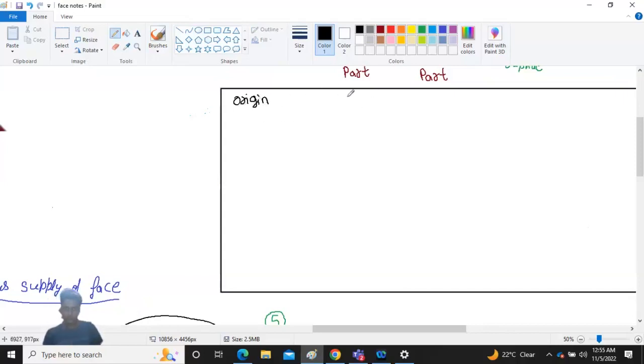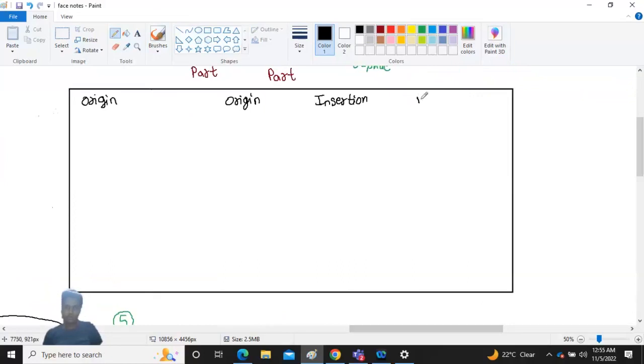Origin of muscle, insertion and role. Role of muscle. Done. This is the name of muscle. Which muscle? Parts of muscle. Done.